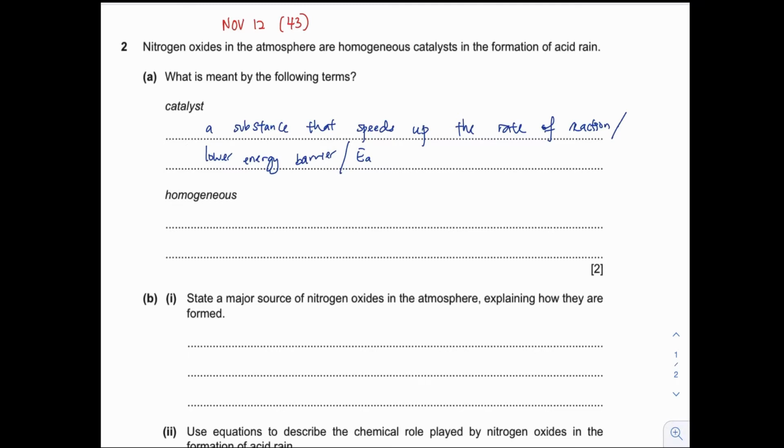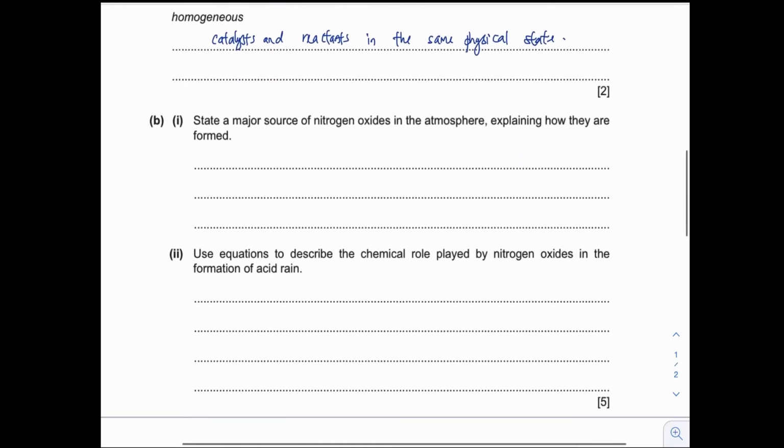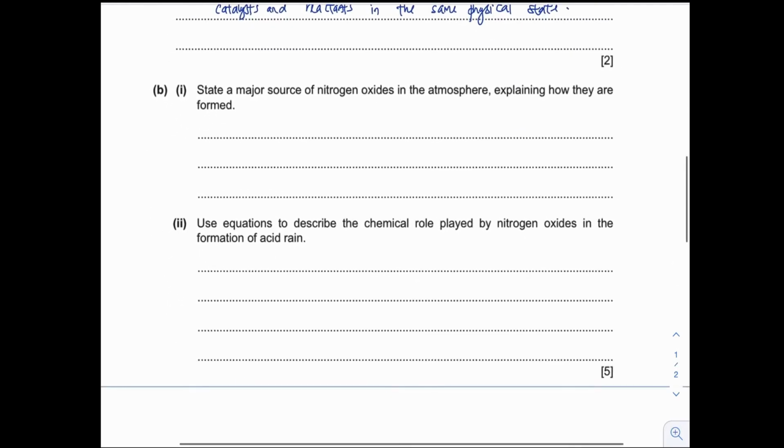Homogeneous means that the catalyst and the reactant are in the same physical state. All right, now 2 marks down.